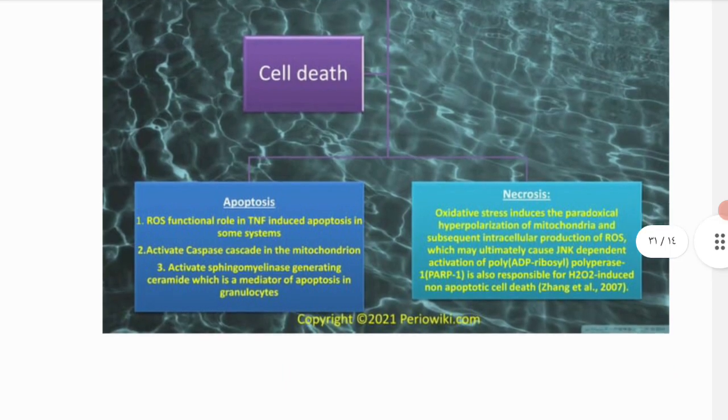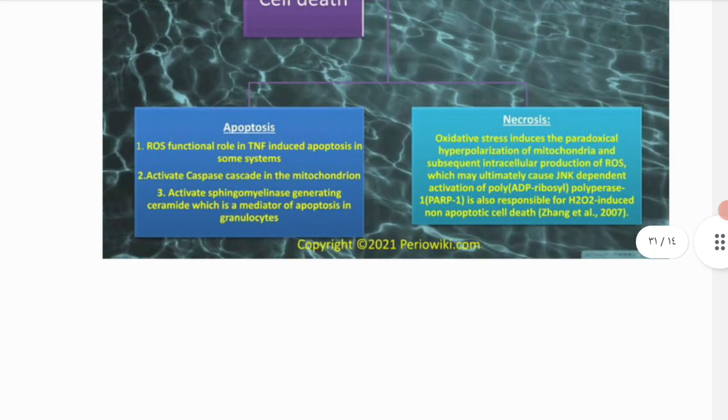While necrosis is when oxidative stress induces paradoxical hyperpolarization of mitochondria and subsequent intracellular production, which may ultimately cause activation of poly ADP ribose polymerase. It is also responsible for H2O2-induced non-apoptotic cell death.